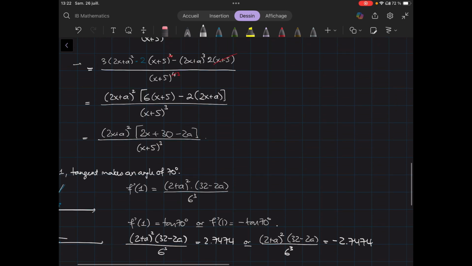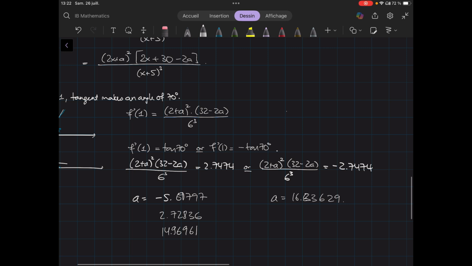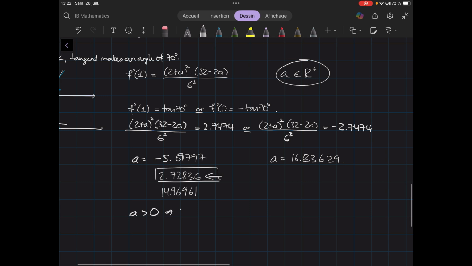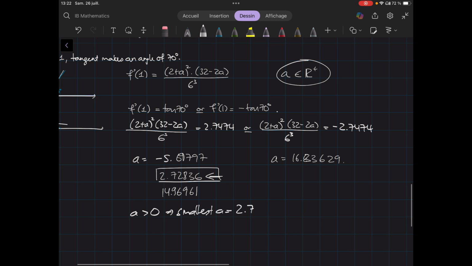In the question, they specified that a has to be a positive real number. So the smallest value of a is this one. I might be missing something, but seriously, this is quite a lot of work for 3 marks.